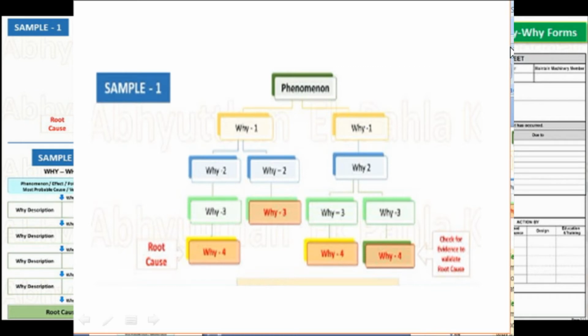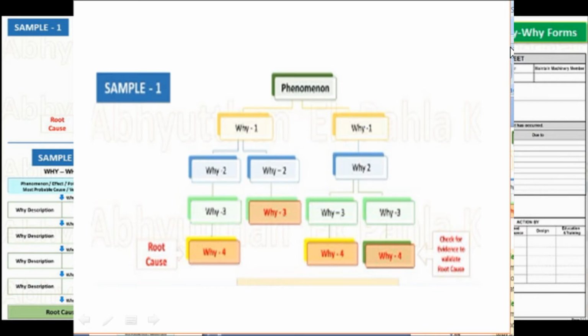The first level of why is the biggest cause of the problem, the root cause which is visible to everyone. Then for the second level of why, you have to dig a little deeper, for the cause which is not visible to everyone and could not be understood by everyone.